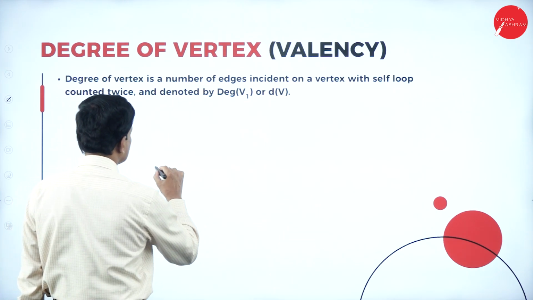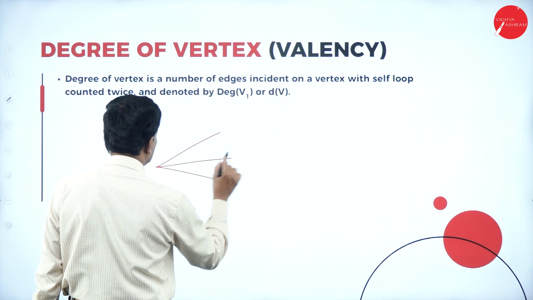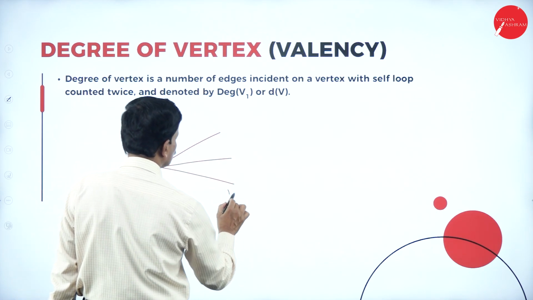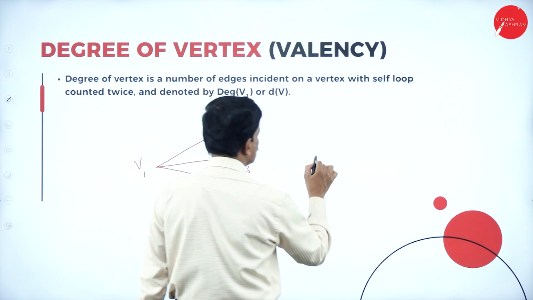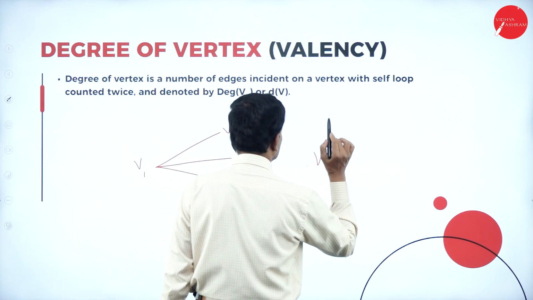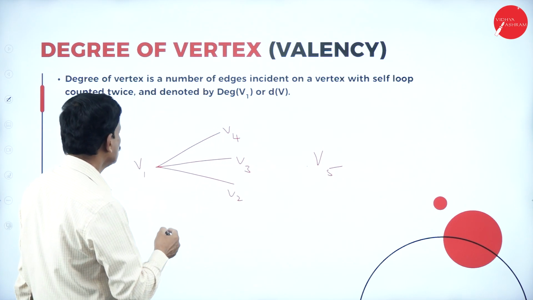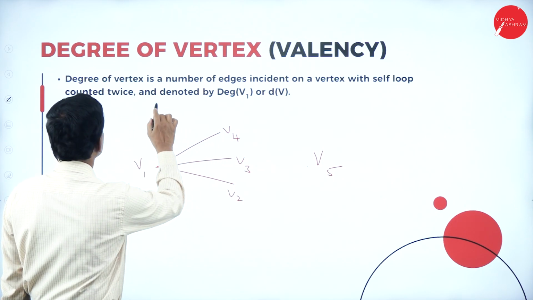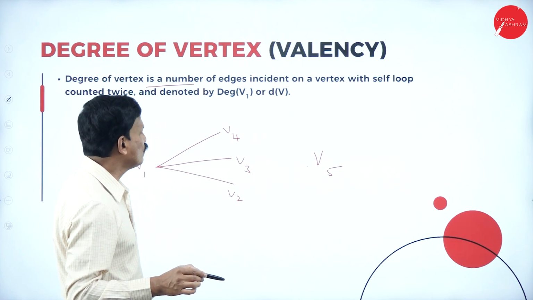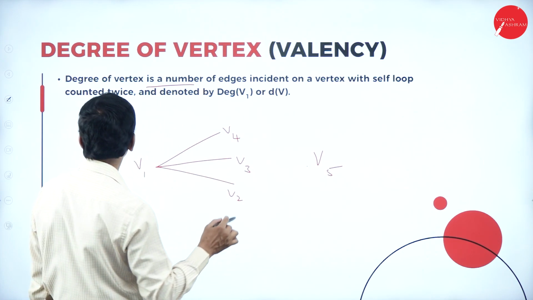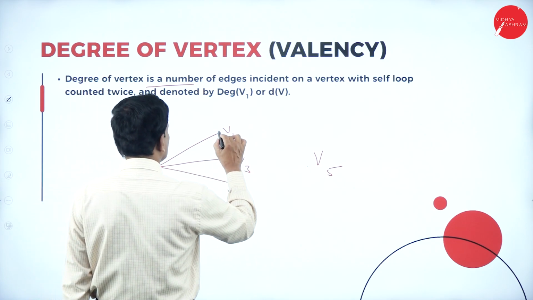For example, let us draw a simple graph. Let us represent the vertices as V1, V2, V3, V4 and V5. According to the definition, the degree of a vertex is the number of edges incident on it, with a self loop counted twice. Now, let us draw one self loop here.